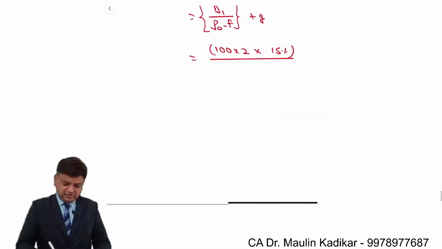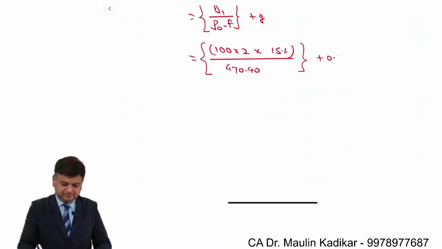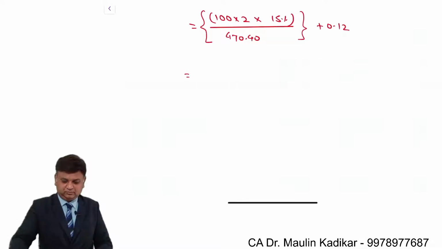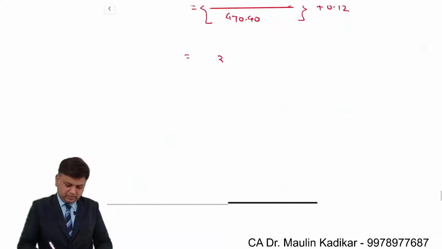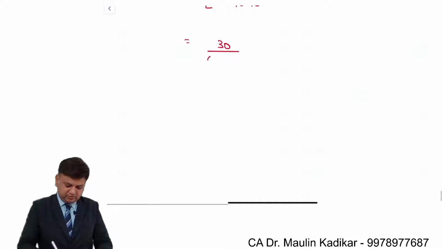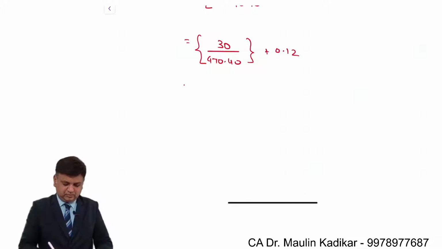Over here in the division it is 470.4, plus 12%. So it is 30 upon 470.4, plus 0.12.